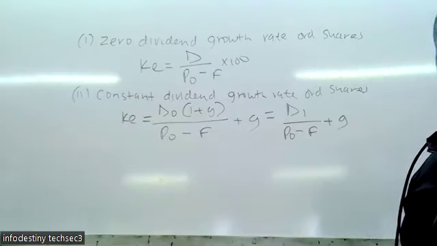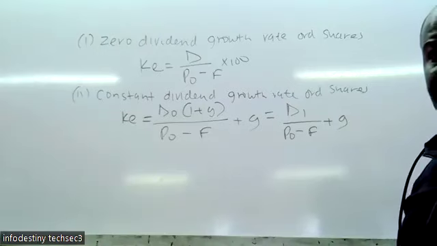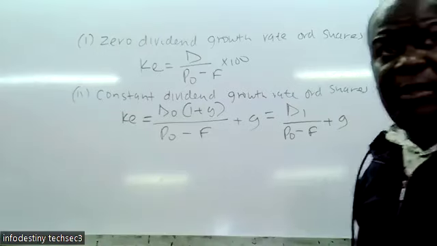Now we go to the retained earnings. We said equity was classified into two, ordinary shares and retained earnings.